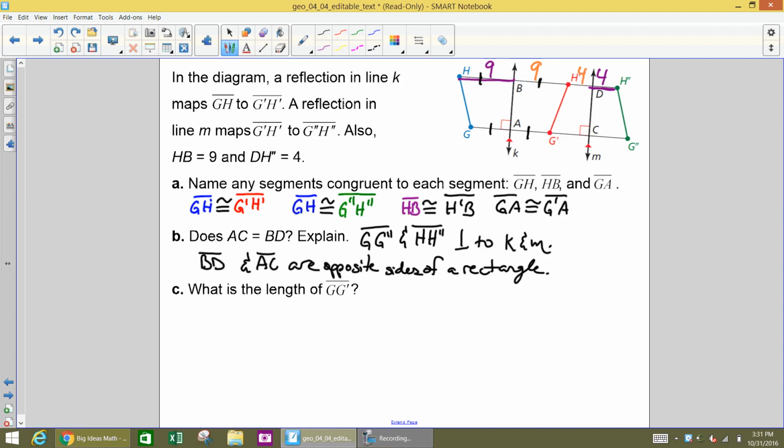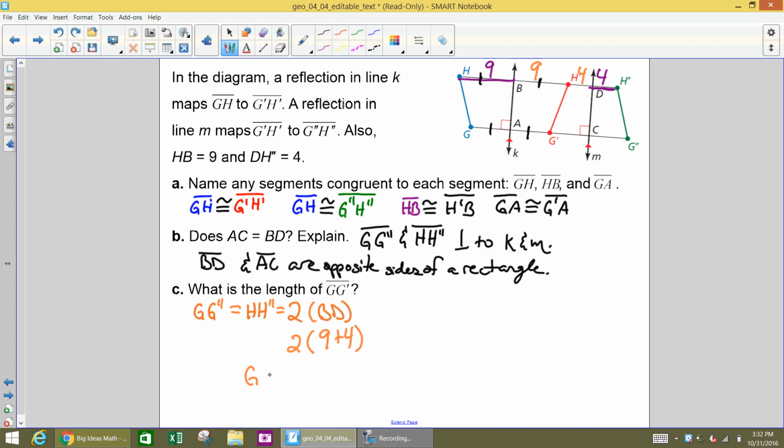So basically, the reflections in parallel lines theorem implies that G to G double prime is 2 times the distance between K and M. So the length is going to be 2 times 9 plus 4.